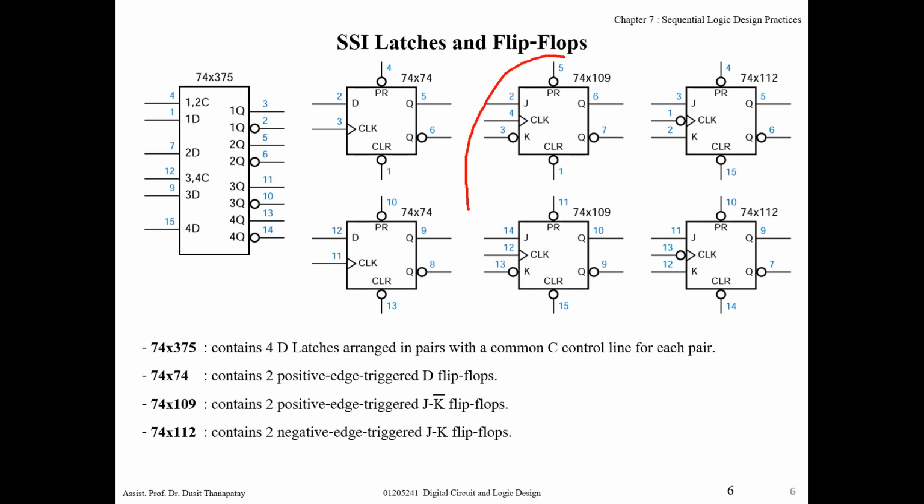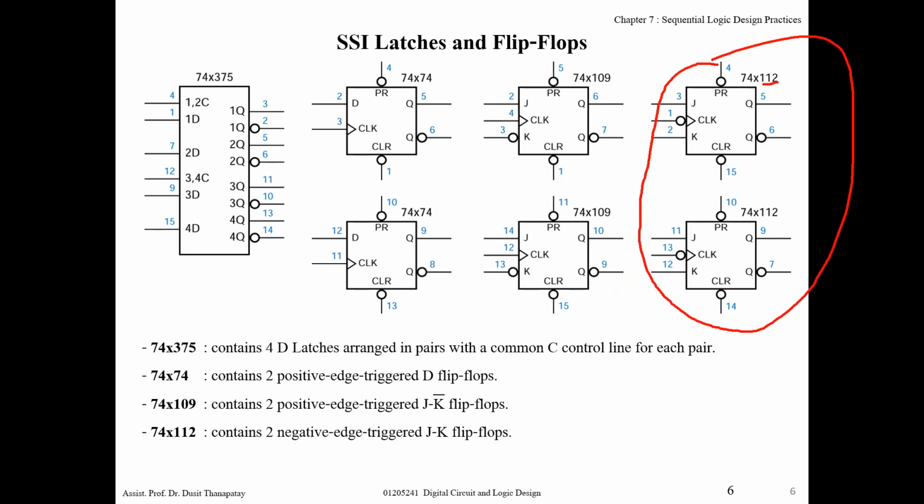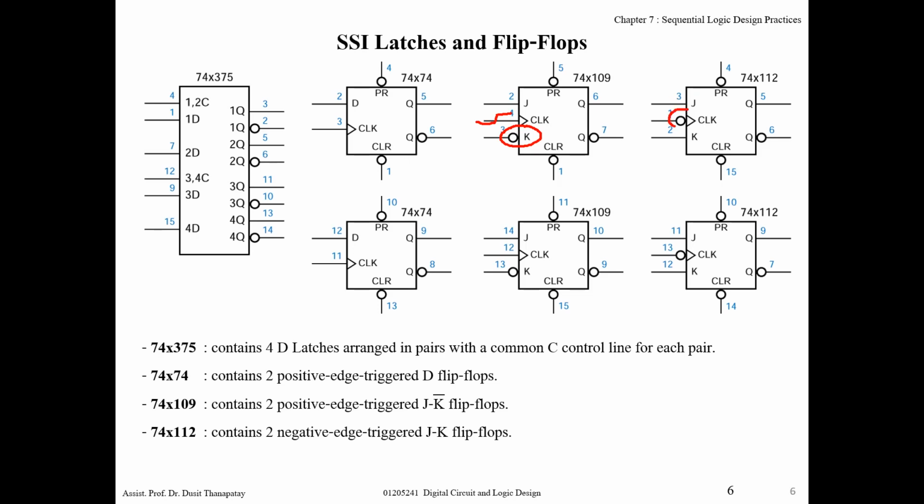And for the JK flip-flop, there is 109, and this one is 112. The difference is this one has active high clock and active low K. This one has an active low clock, but JK is active high.